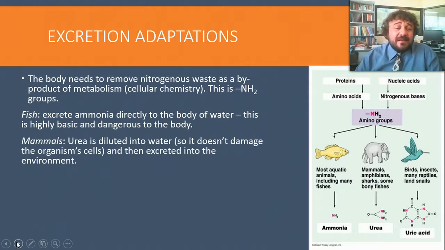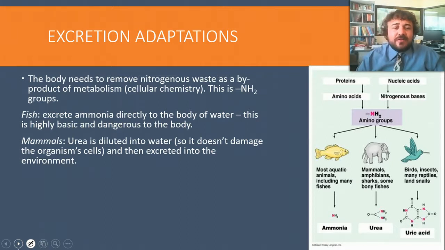Mammals, well, basically, urea, which is this chemical here, is what mammals, amphibians, and sharks, and some of the other fishes tend to give off. It's diluted with water, so it doesn't damage the cells along the excretory pathway, and it's excreted into the environment. Now, what's actually really interesting about that is that while being diluted with water, it still can cause damage.